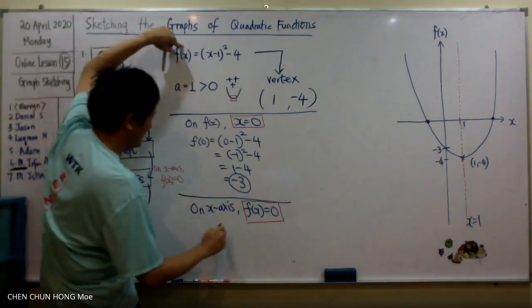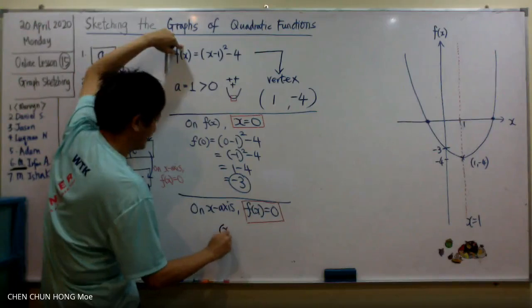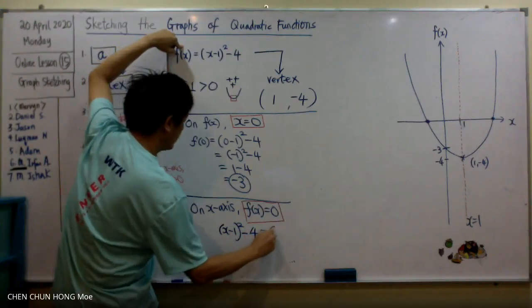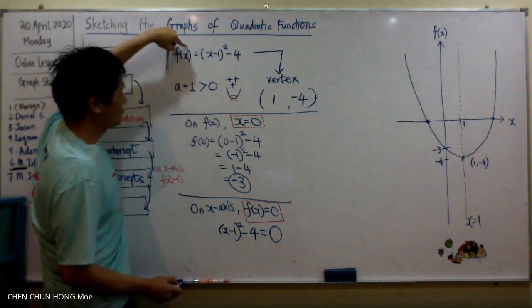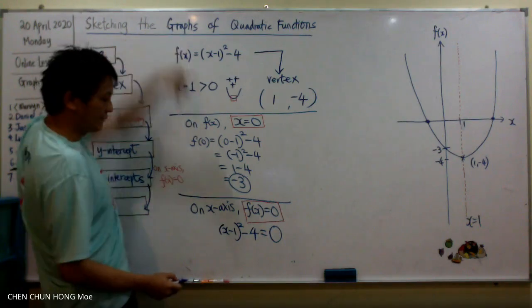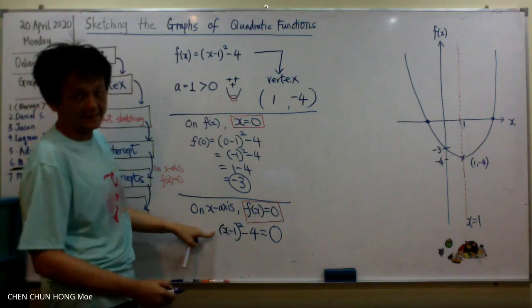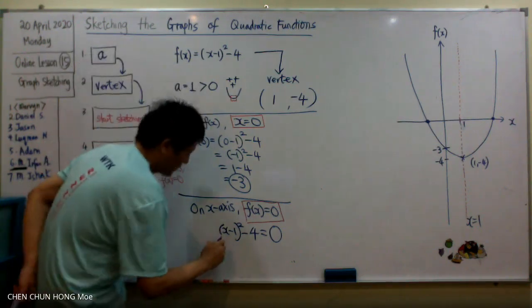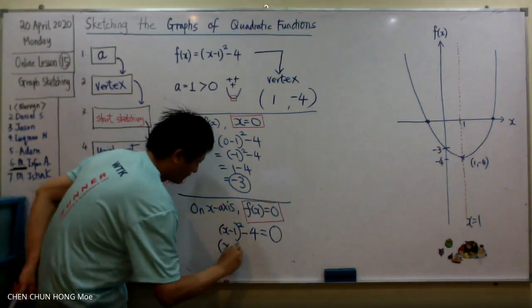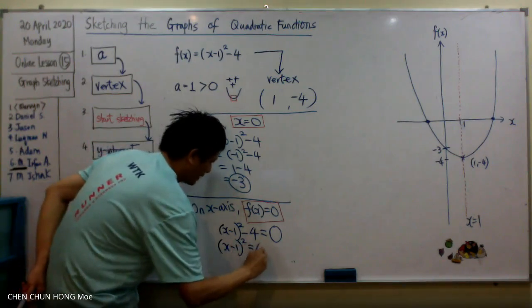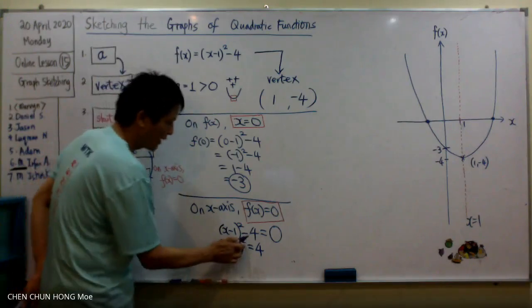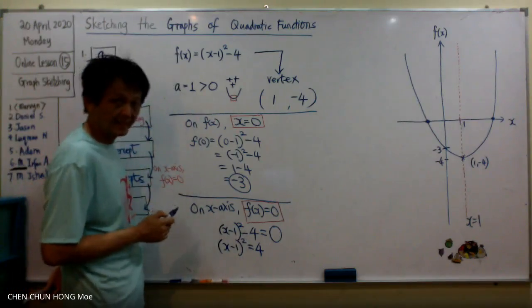When y is 0, putting that back here, imagine this is 0. Now you get (x - 1) squared minus 4 equals 0. Y equals 0, meaning you have to solve for x. You can expand, but in this case, since we are already in vertex form, I will move that over and take the square root, which is easier than expanding.